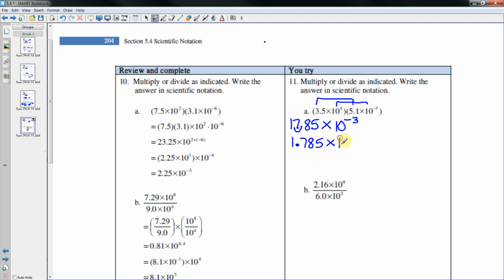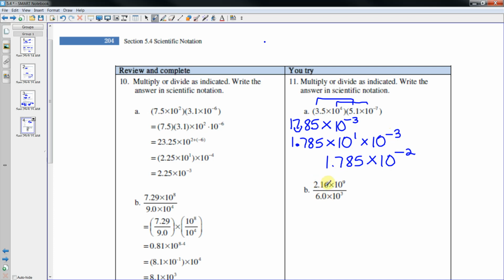So I moved it one place, and it was a big number, not huge, but it was larger. So it's times a positive 1 times the 10 to the negative 3 that I had in the original problem. So that's going to be 1.785 times 10 to the 1 minus 3, which is negative 2.